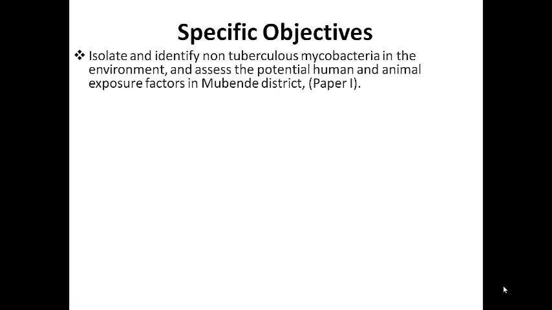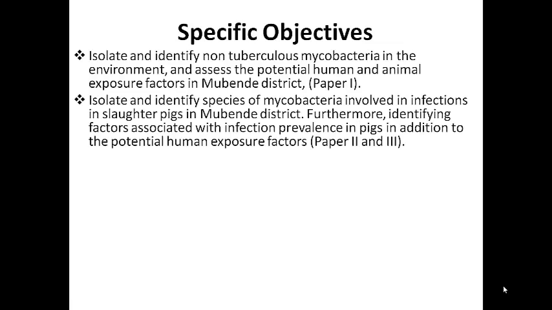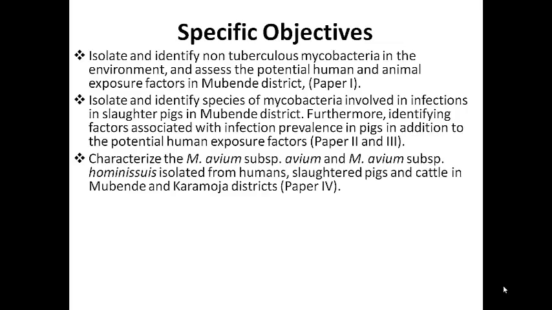In paper 1 that documented the environmental prevalence, we wanted to isolate mycobacteria, speciate it, and find out which are the potential sources for animals and humans in the environment. In paper 2 and paper 3, we isolated mycobacteria from slaughtered pigs and tried to identify risk factors and potential sources for the animals, but also for exposure for the human.